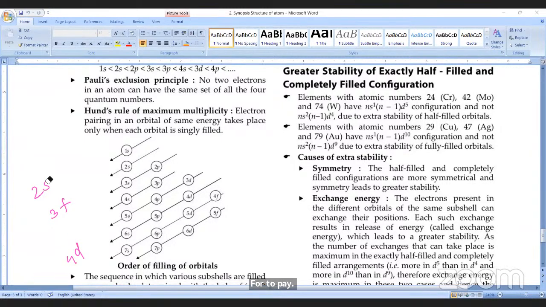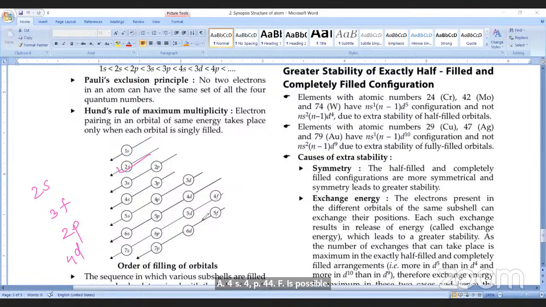Filling of electrons: 2s is possible, then 3f, can you see 3f? No. 1s, 2s, 2p is possible, 3s, 3p, 3d is possible, 4s, 4p, 4d, and 4f is possible.